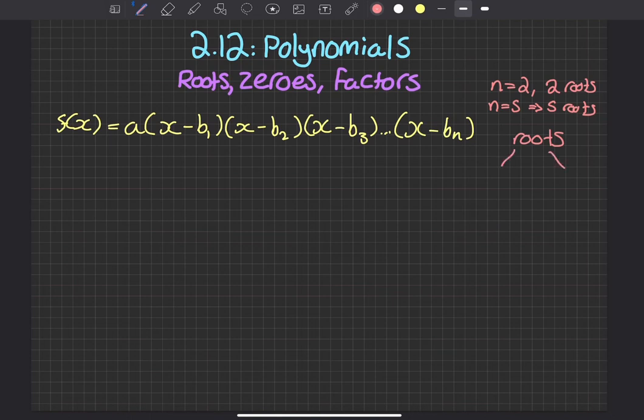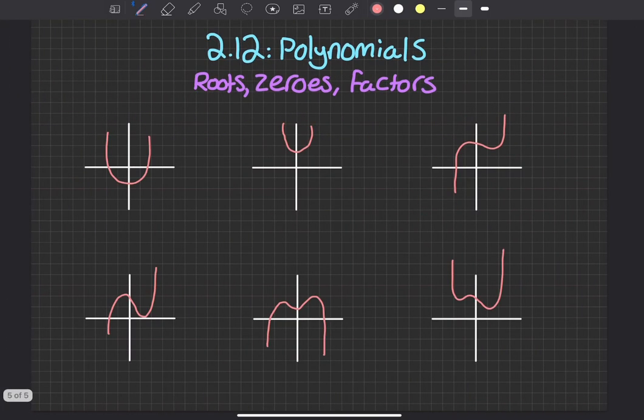First of all, these roots can either be real numbers or complex numbers, okay? And within these real roots, they can either be the same or they can be distinct. And to give you a visual representation of this, we'll go into some graphs that I drew, and show you what different roots look like.